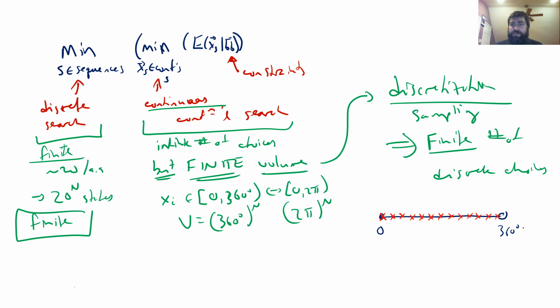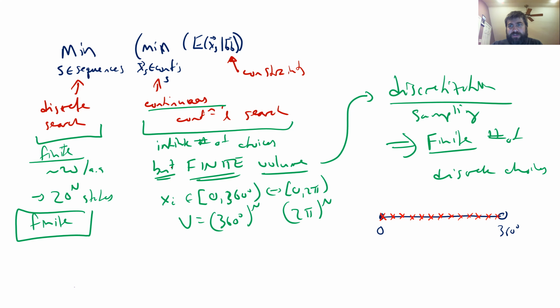But if the volume of the search space is not finite, if some of the individual degrees of freedom are not of finite width, that is, they extend from 0 to infinity or from negative infinity to infinity, then when we do that sort of a sampling, we end up with an infinite number of choices, right?